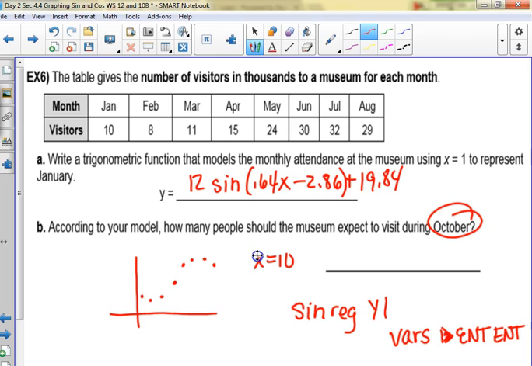Go to the table and type in x equals 10, or scroll down to 10, depending how you have your table set. I got 15.4, I'm going to go with. And that was thousands of visitors. Are we good? That took entirely too much time. We good? Any questions? I probably didn't need to do all that.